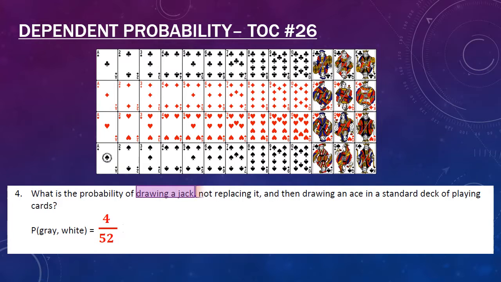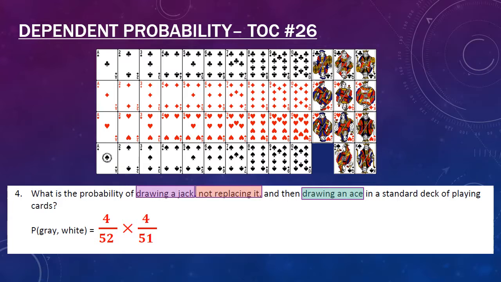We're not going to replace that jack, and then we're going to draw an ace. So there are 4 aces, and I took that jack out, but there still are 4 aces because I didn't take any of those away. I just took a jack out. So there are 4, that's my numerator, but now instead of 52 cards, there's only 51.